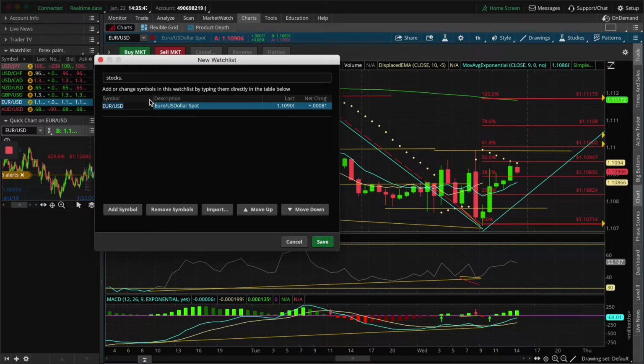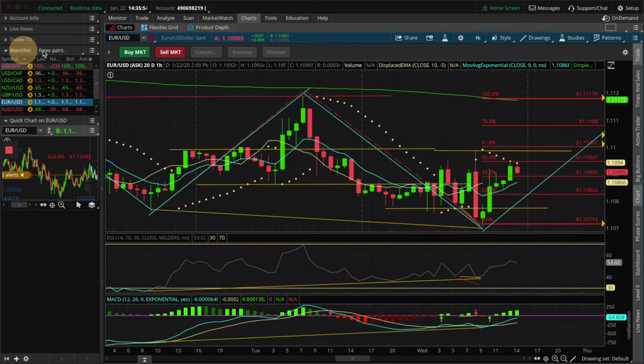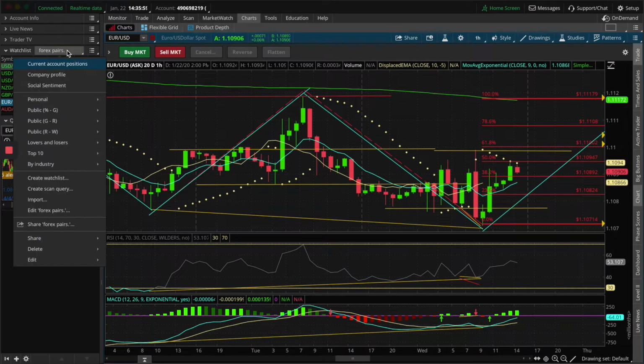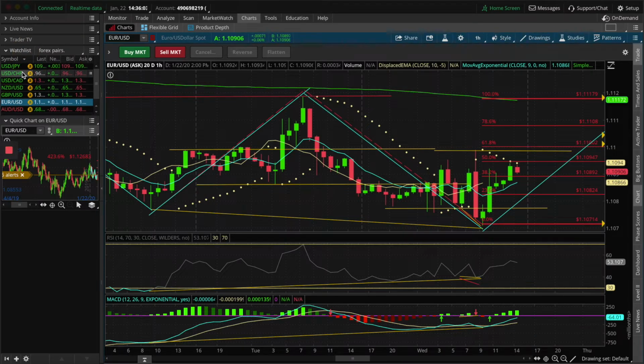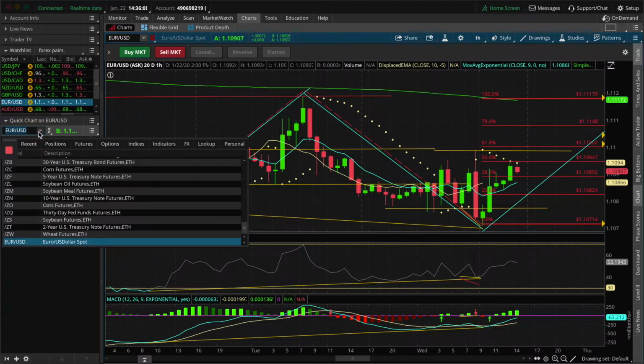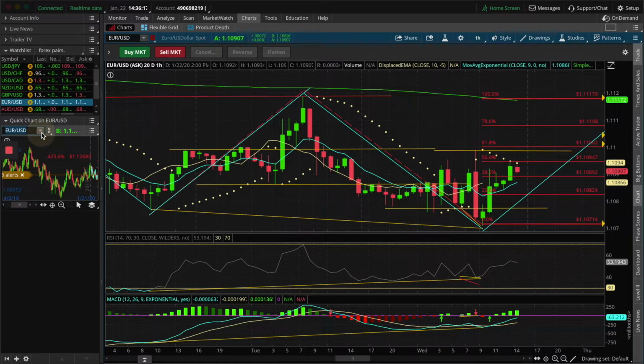You can add as many symbols as you need, click save, and then it'll pop up as one of the lists you can put over here in your watch list. So we've got the different pairs right here, and then you have a quick chart where you can throw up any particular pair or stock, and view it in the chart right there.